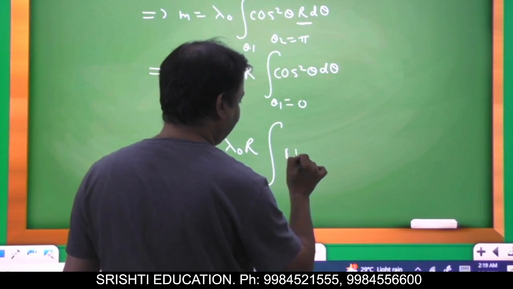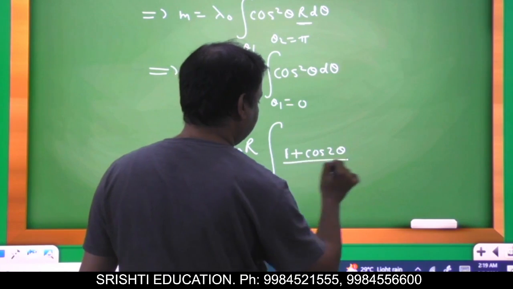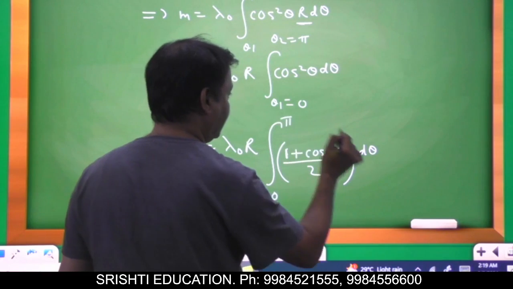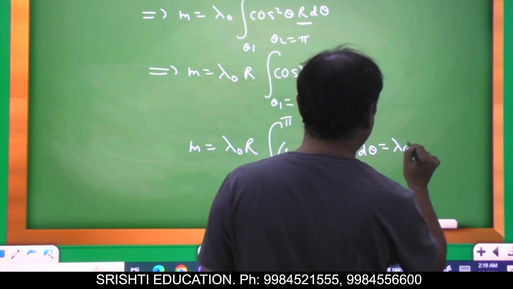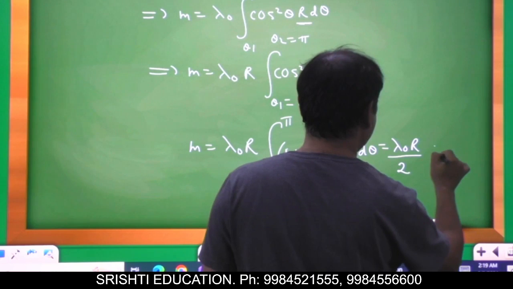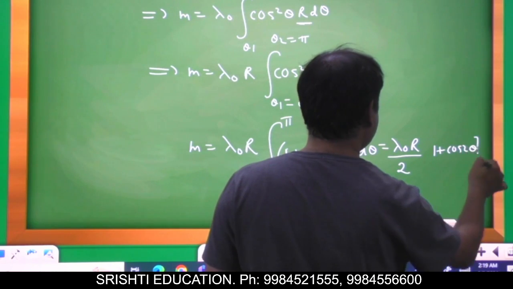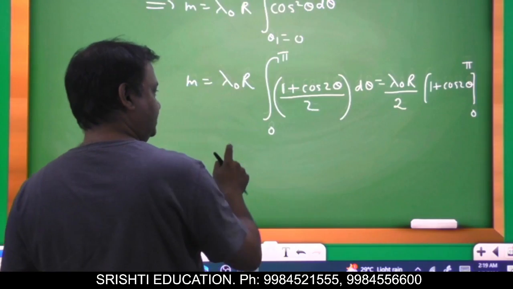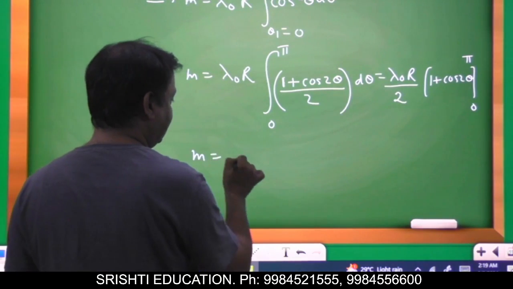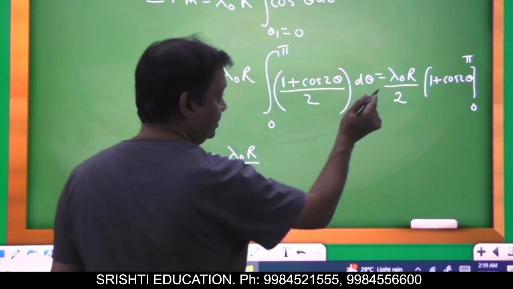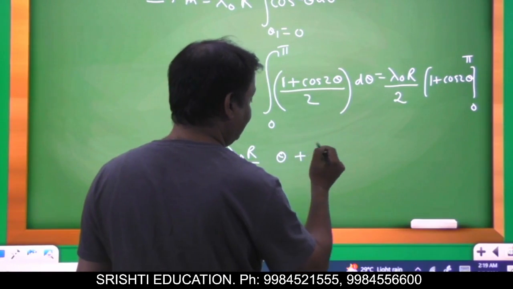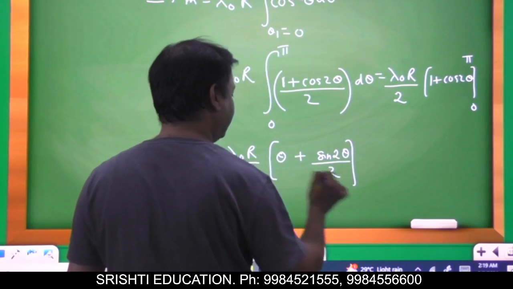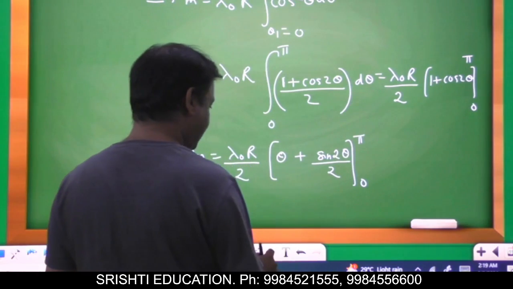Now we have to integrate cos square theta, and as I've taught you, you can rewrite this as (1 plus cos 2 theta) by 2 d theta from 0 to pi. So 2 will be outside, so lambda naught r by 2, 1 plus cos 2 theta from 0 to pi. So you will get m is equal to lambda naught r by 2, the integral of 1 will be theta, plus cos 2 theta will have an integral of sin 2 theta by 2 within the limits 0 to pi.